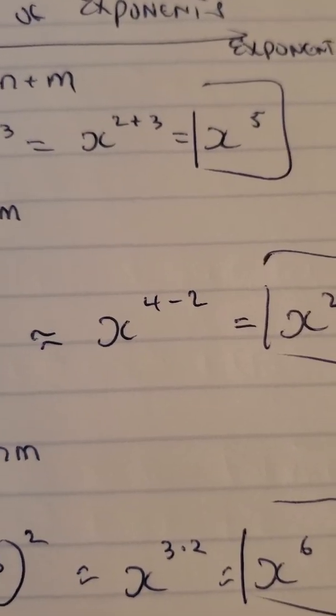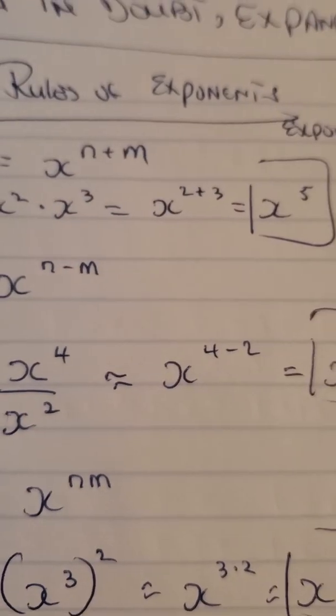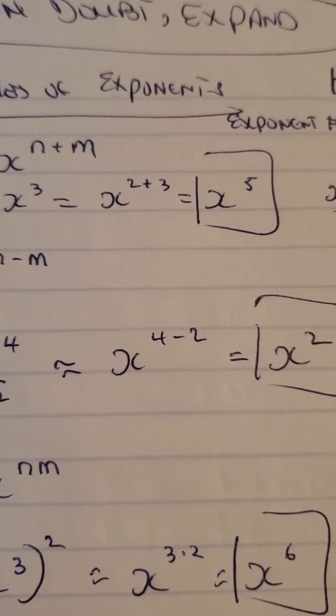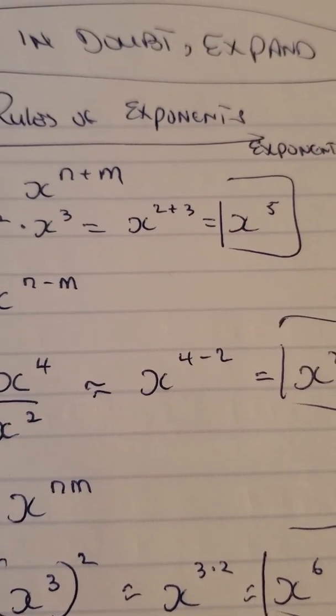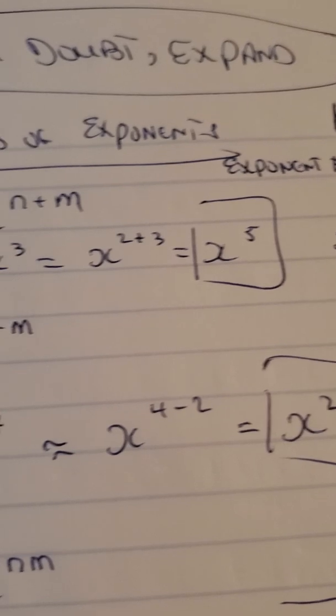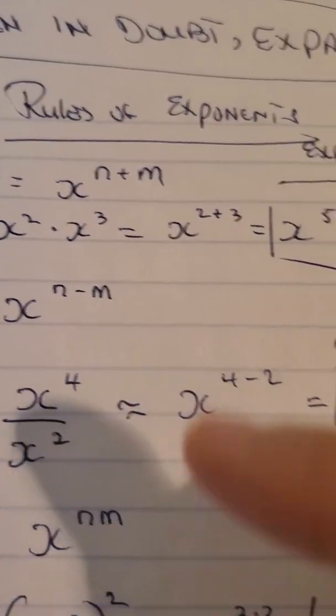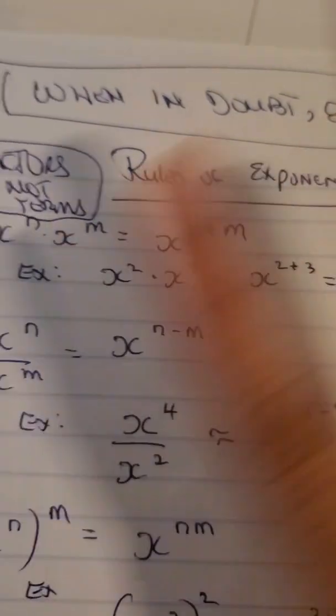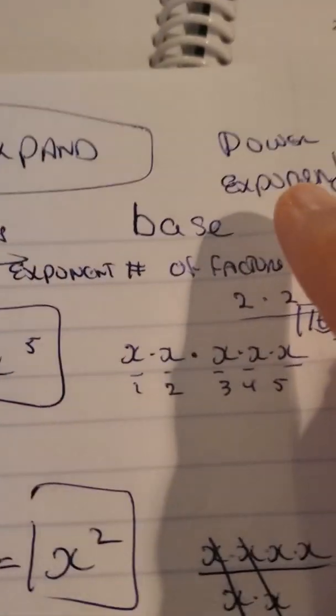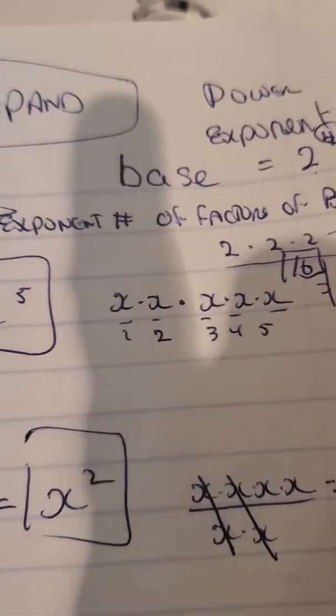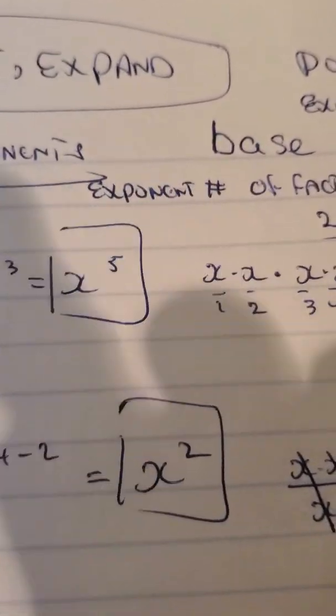Now here the rule comes in: when in doubt, expand. If we were in class, this would have been an exciting time for a quiz. Did I do this with you guys before? All right. Anyway, if I did, it's revision, right? So when in doubt, expand. Let's say you don't have this rule. What we do know is that the exponent tells you how many factors of the base you have.